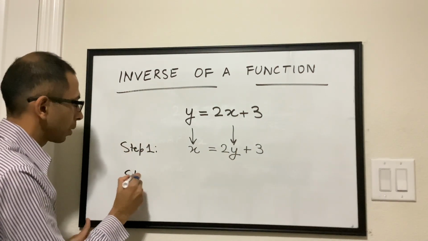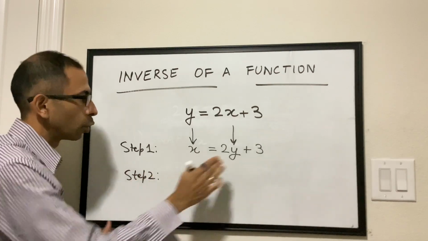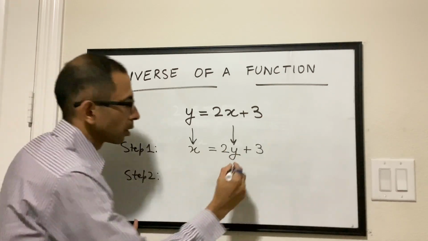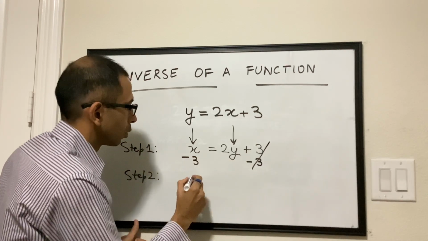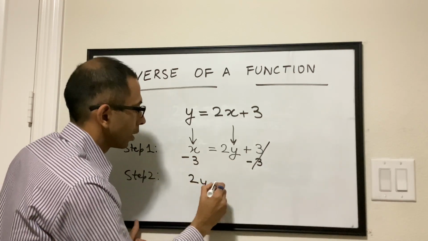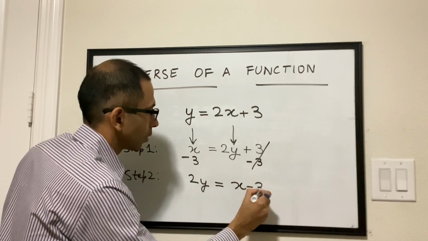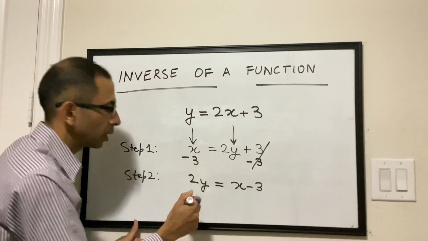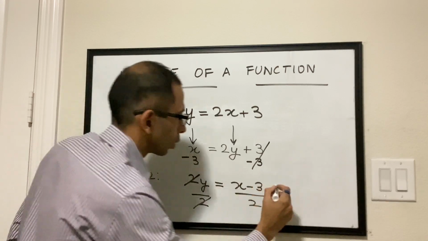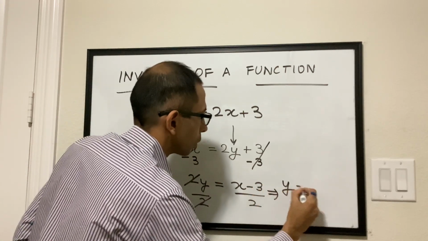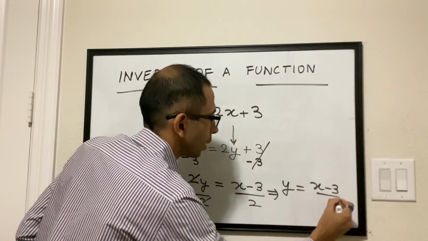In the second step, we're going to now write y in terms of x. So we're going to do minus 3 here and minus 3 here. So we're going to get 2y is equal to x minus 3. We divide both sides by 2 to get y is equal to (x minus 3) divided by 2.